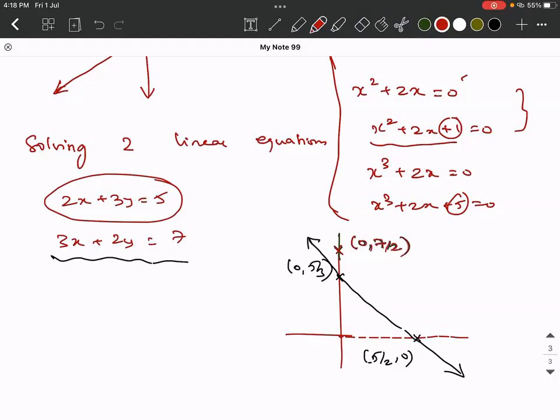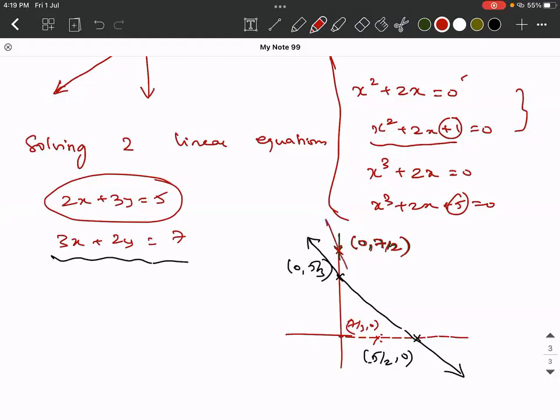When you put y is equal to 0, you get 7 by 3. Is 7 by 3 less than 5 by 2 or greater than 5 by 2? Less than 5 by 2. So this point will be (7/3, 0). Is it clear till this point?